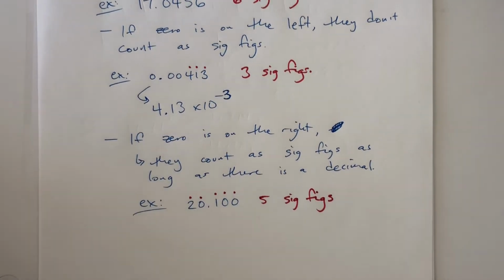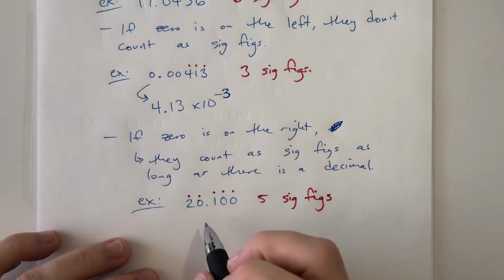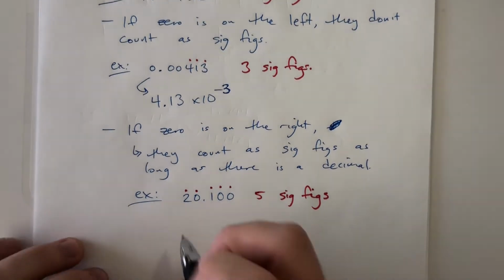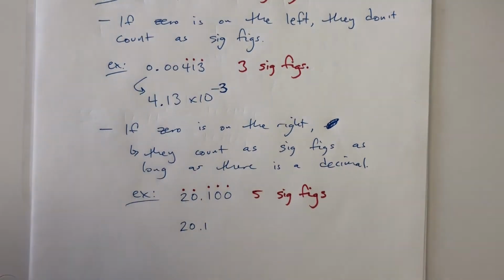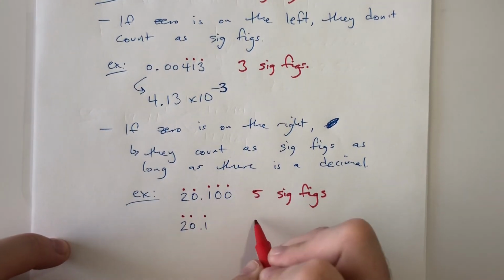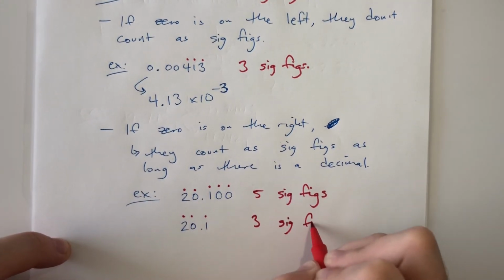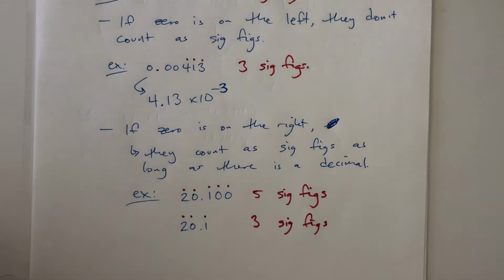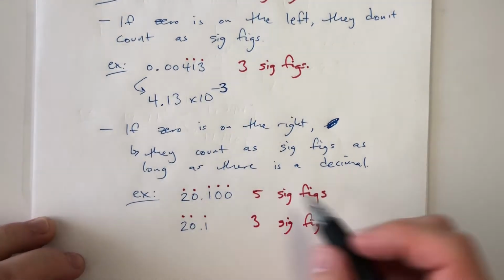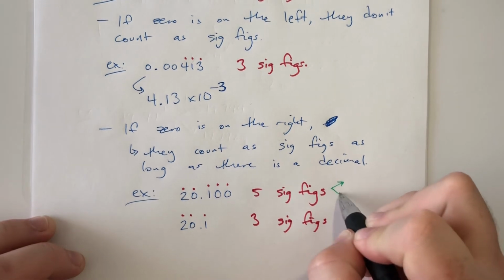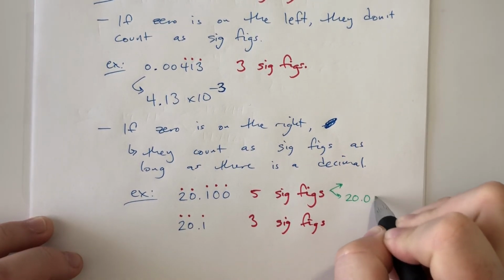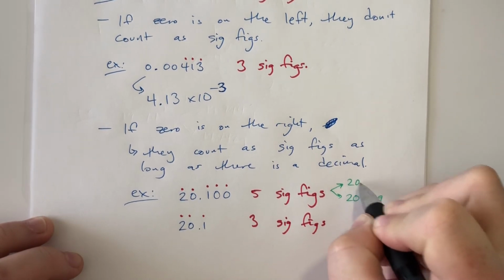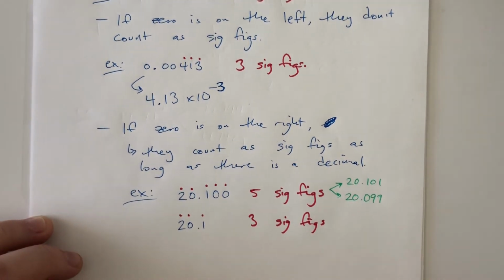Okay. The other way to think through it is if we compared this to 20.1, this would only have 3 sig figs. Sorry, I'm switching pens and messing this up. The first number should be interpreted as being between 20.099 and 20.101.